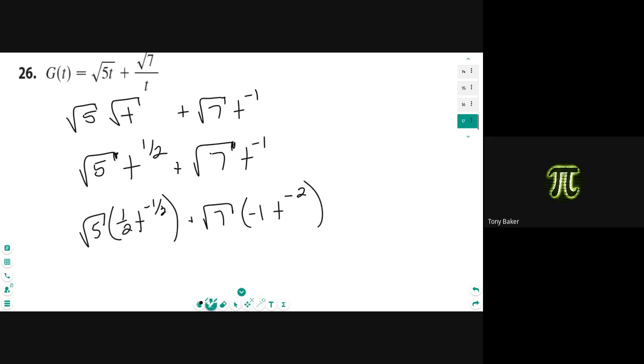So when you write your final answer, we get square root of 5 over 2, and you leave it like that because it's over 2. And then you can put the square root of t down the bottom if you want. Plus, or actually minus, square root of 7 over t squared. That is g prime of t.